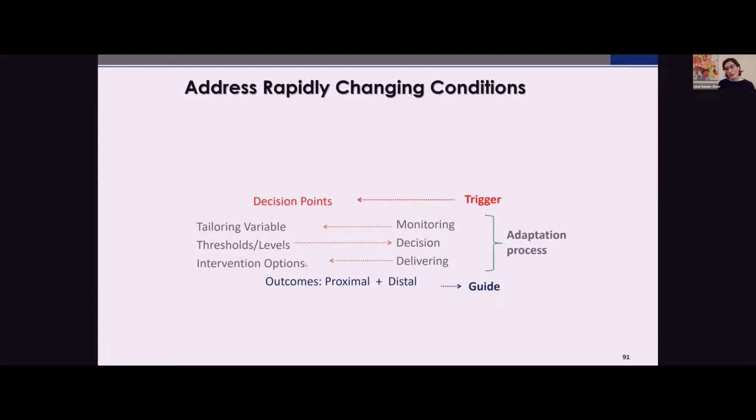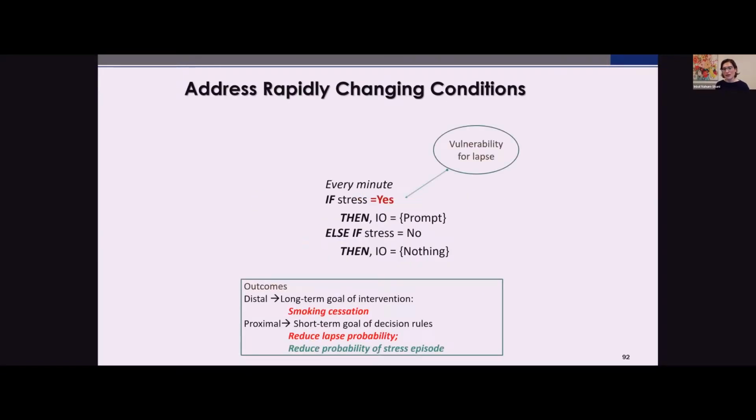And of course, here as well, the adaptation process is designed to address proximal outcomes that can help us achieve a distal outcome. Here, the distal outcome is smoking cessation. But to achieve this distal outcome, the adaptation process is designed to address proximal outcomes like reducing the probability of a lapse in the next 2 hours. I want you to notice what's happening here.